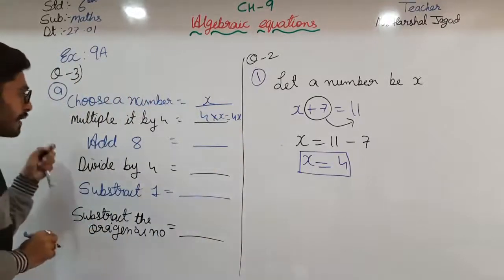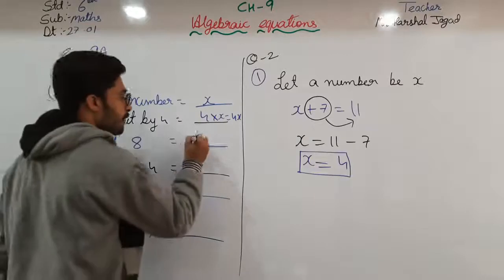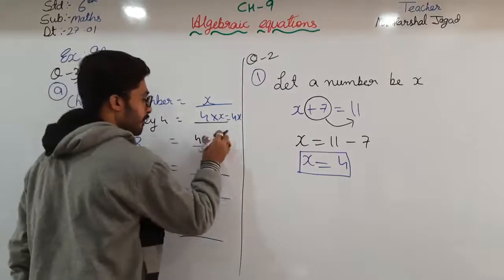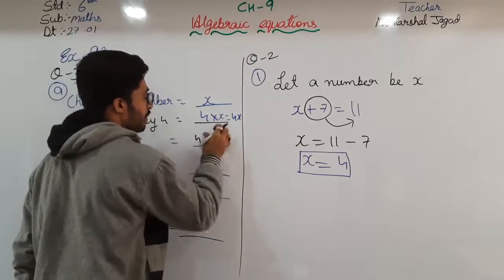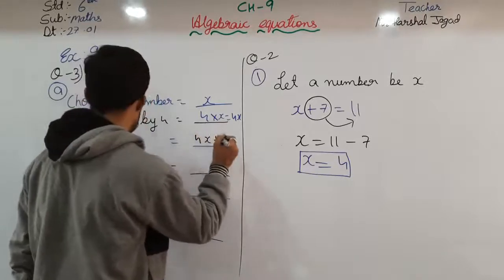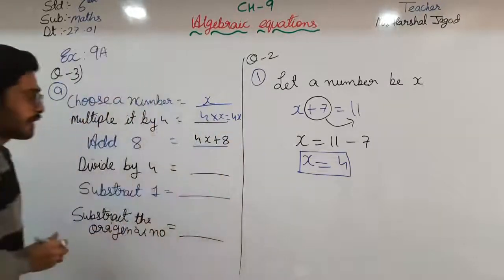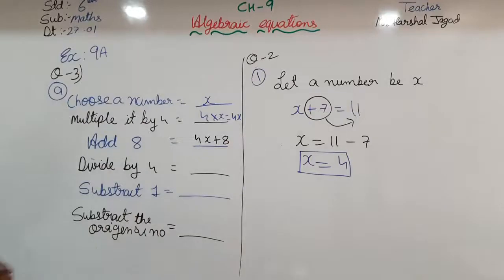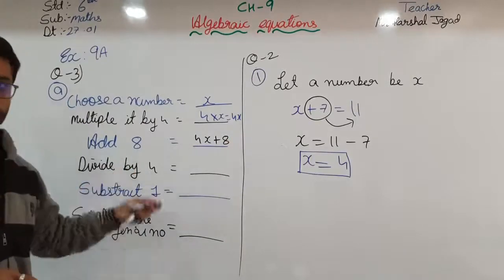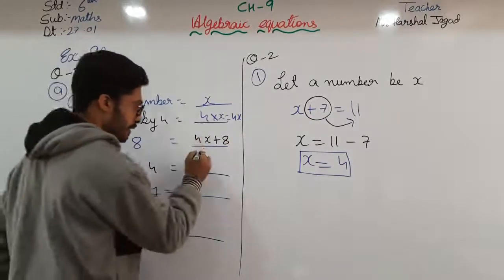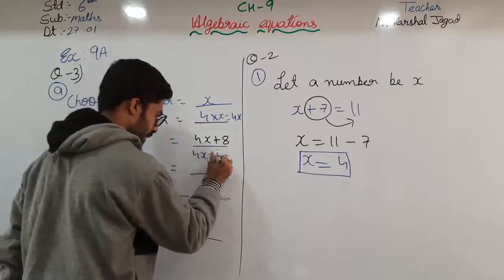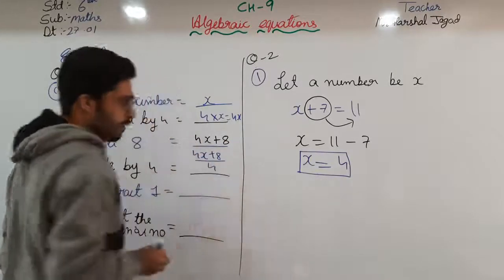Then they have told us to add 8. So 4x plus 8. Then divide by 4, so 4x plus 8 divided by 4.